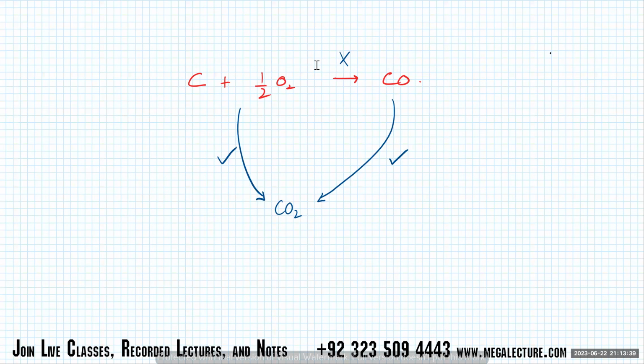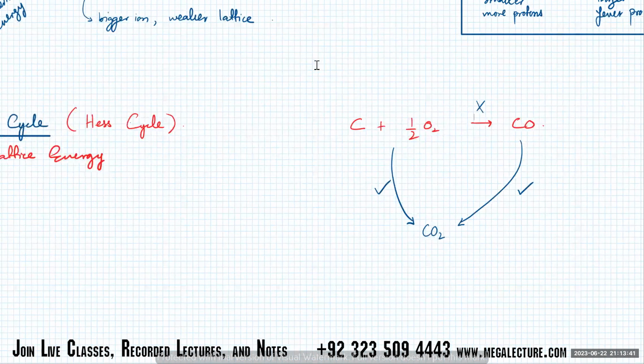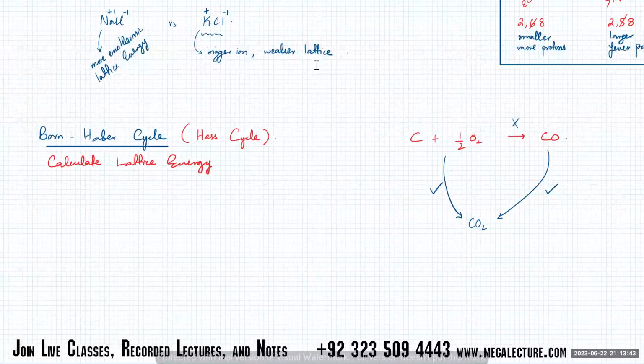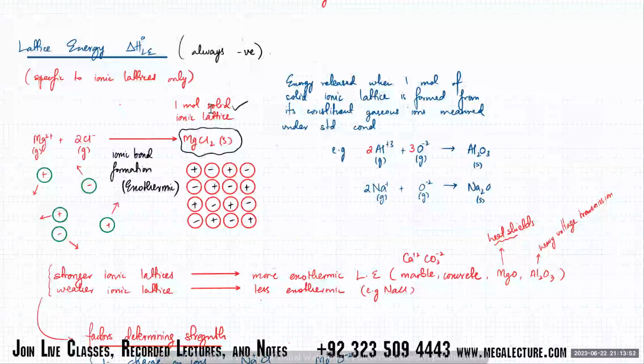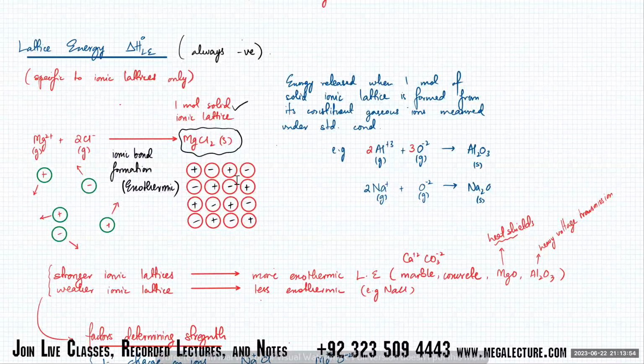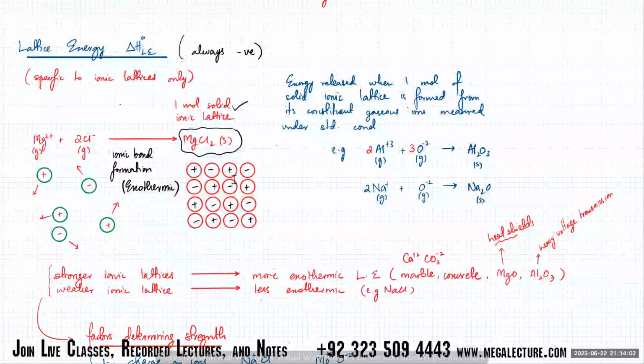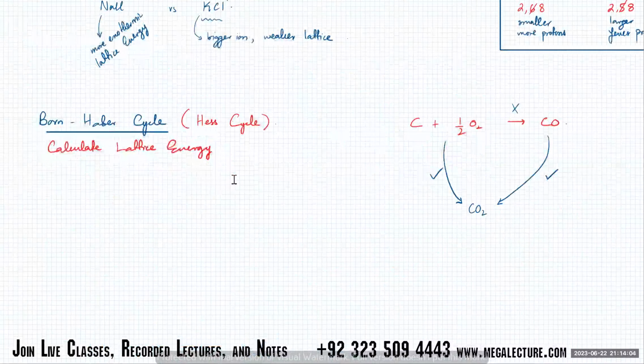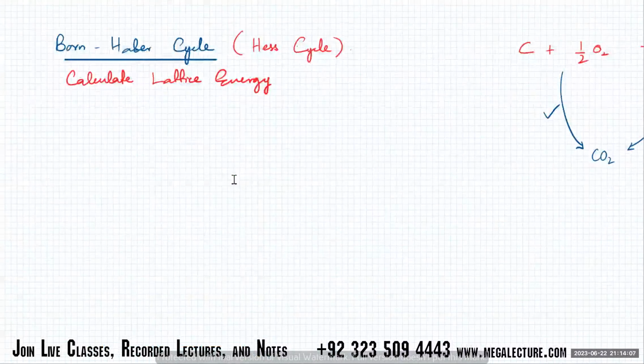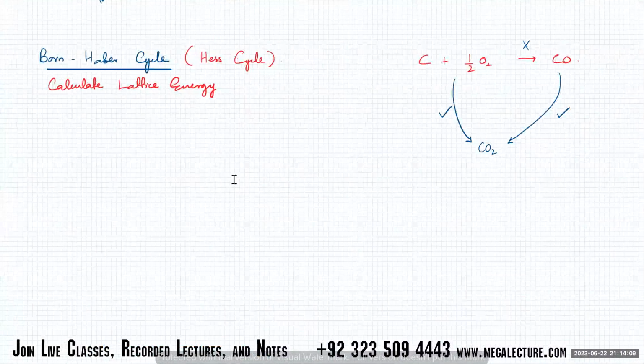That's the thing with lattice energy as well, that actually measuring the lattice energy directly by doing an experiment like this, I mean, you take gaseous ions and then wait for them to form the ionic solid, it's kind of impossible to actually do in the lab. So what you do is you measure it indirectly. That's where the Hess cycle is useful.